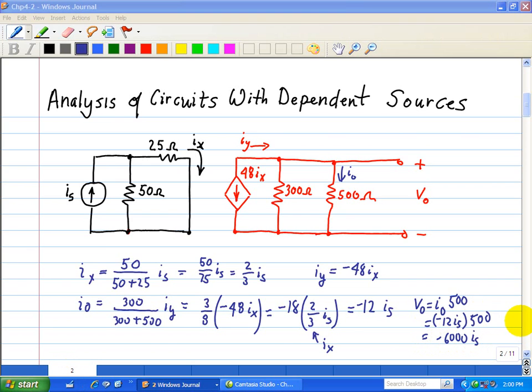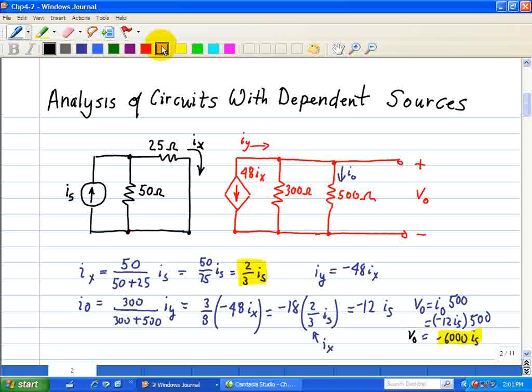So the input and output relationships that we've shown here in terms of this equation for Ix and this equation for VO, where this is VO, shows that we are in the form y equals kx.